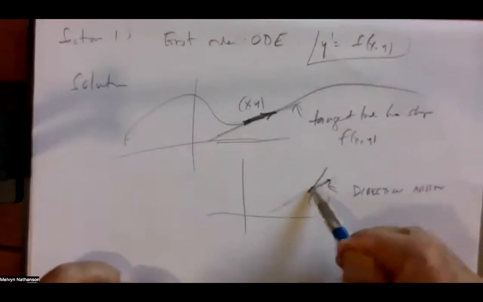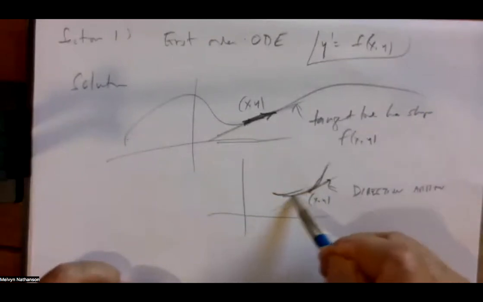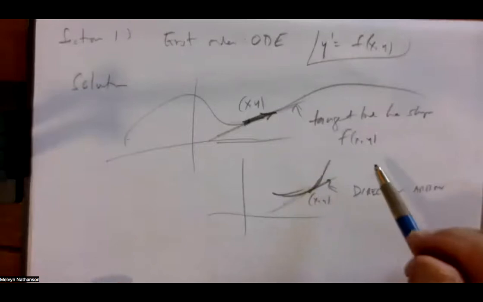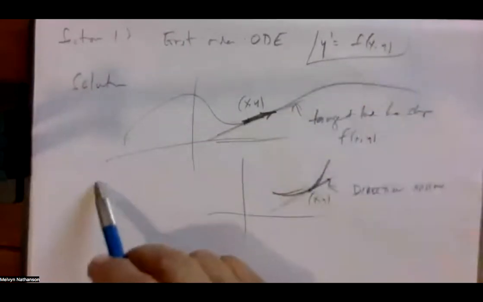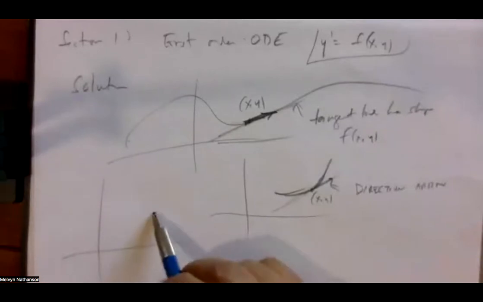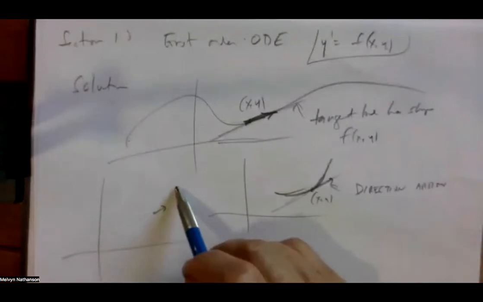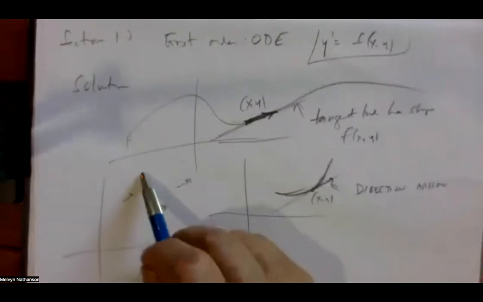So the curve will look something like that. And if you're given the differential equation in this form, at every point x, y in the plane, you could draw a little arrow whose slope was f of x, y. And you get what is called a direction field.